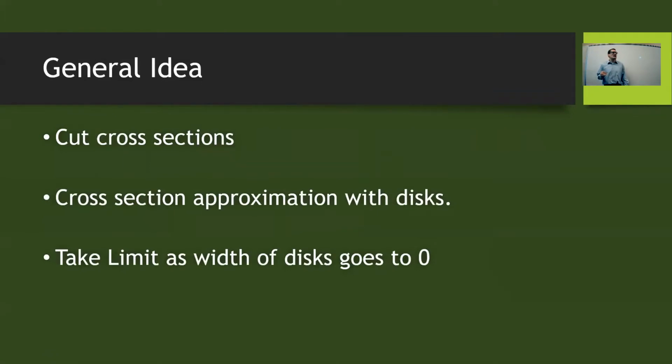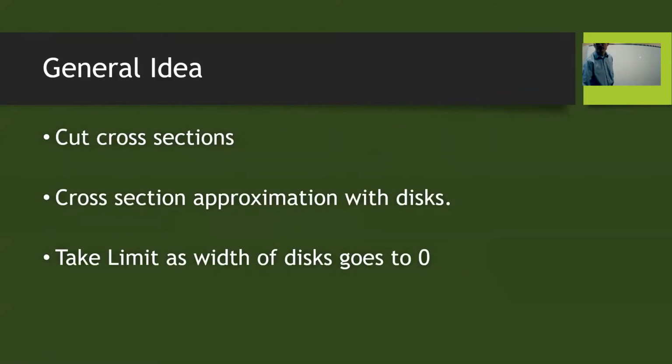Now, the general idea is to take that bounded region we had, look at a cross-section. And when you rotate a rectangle around a line, that's going to create disks. And we take the limit of those disks, add them all up. As the widths go to 0, we get the actual volume.